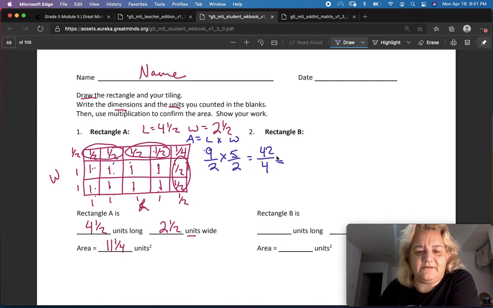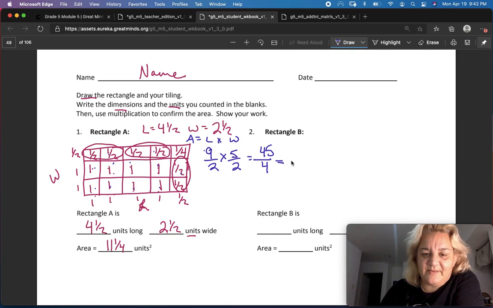But that's not 11 and 1/4, is it? 45 over 4. 45, that's why. Sorry. 2 mistakes in a row. I hope you're catching on there. Okay, so 45 divided by 4 would be 11, with 1 left over, 1/4. Okay, math facts, got to check those math facts.